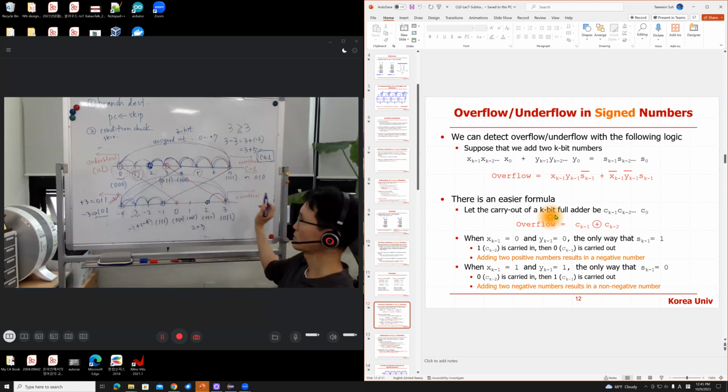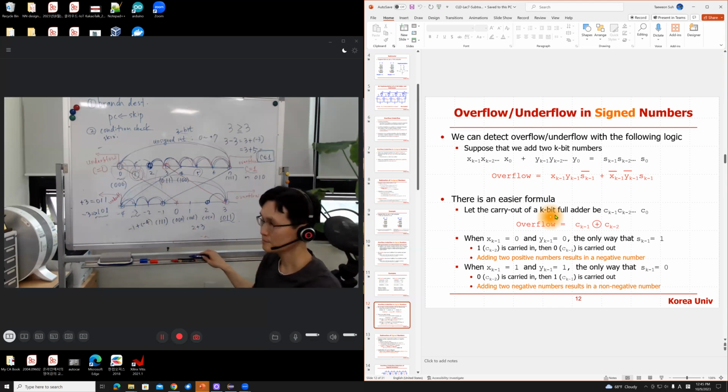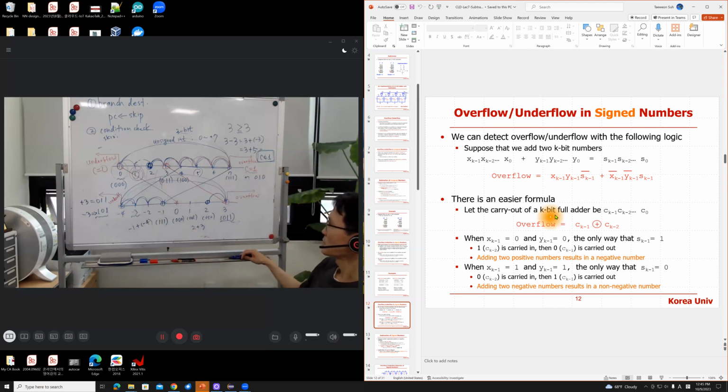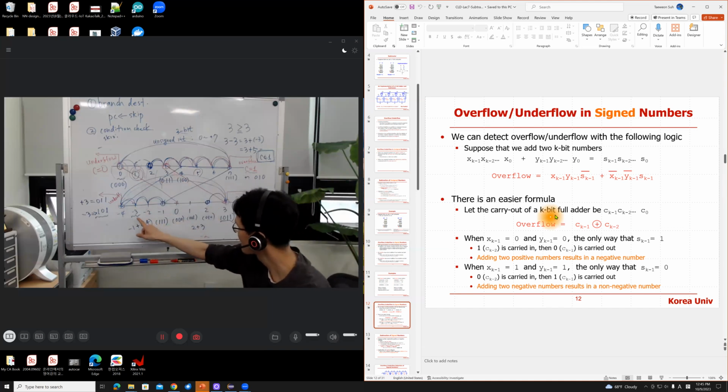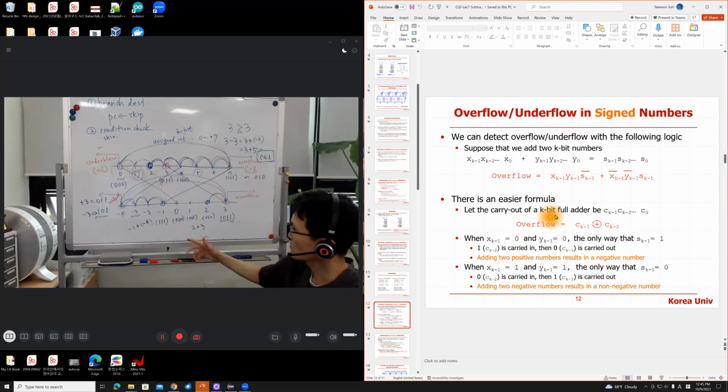Then 4, right? So you got this answer, but that is underflow. For overflow, you are adding two positives, so the sign bit is 0. But the actual answer, 2 plus 3, you got what? 1, 2, 3, right? So this number is -3. So the sign bit got changed, right?